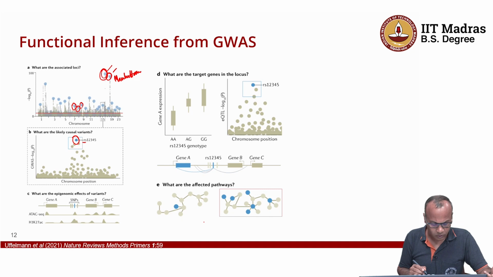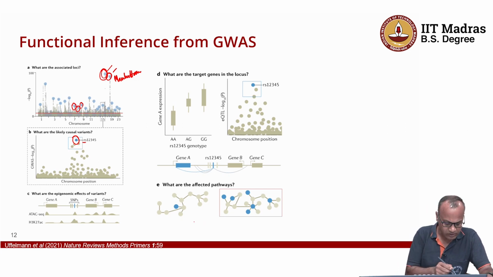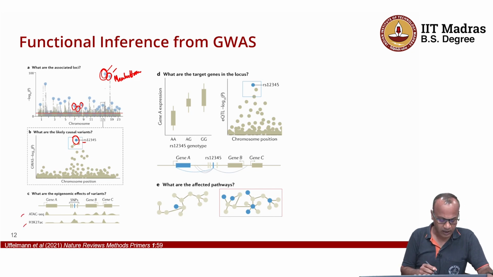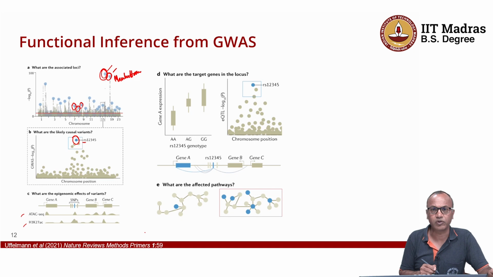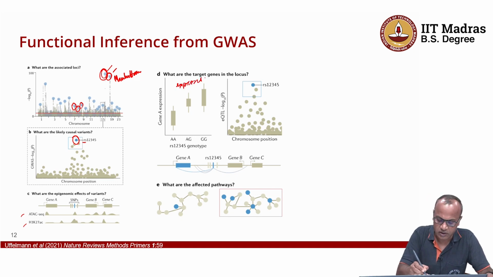Now, what one can also do is map, as I was explaining before, where this variant or SNP lies. And once you know that, using various techniques which we won't go into too much detail, identify which of the 3 genes are being affected by this particular variant. And that can also be validated using an expression analysis, which shows a difference in the expression of a particular gene based on the phenotype.